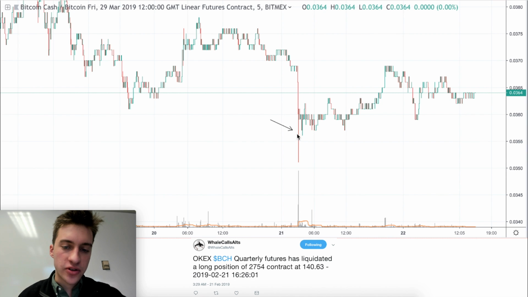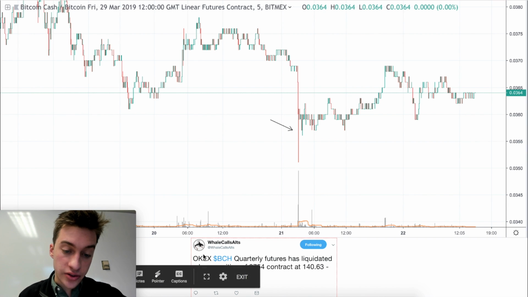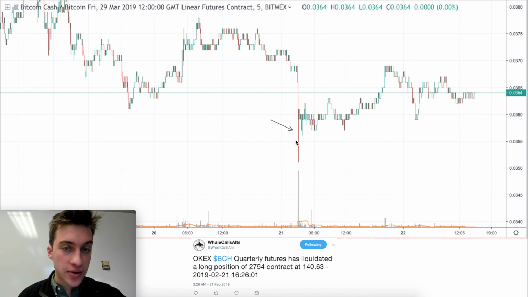What happened here after this massive volume spike is, I would expect that also on BitMEX there was a lot of liquidations on BCH here, and to give you even more confluence on other exchanges, OKEX, we had a lot of liquidations here as well. A lot of liquidations occur. What happens? Price goes up, from a low of about, I think that looks to be 351, to a high of about 369.